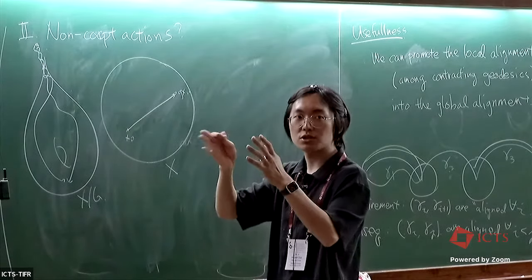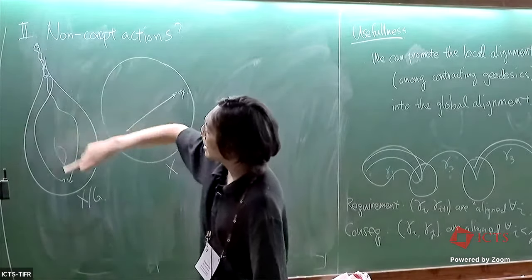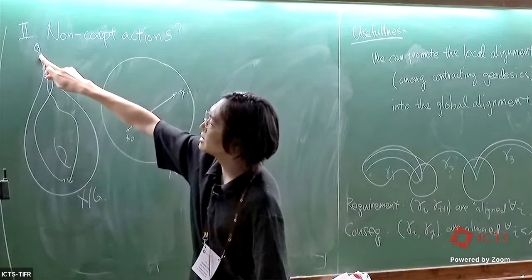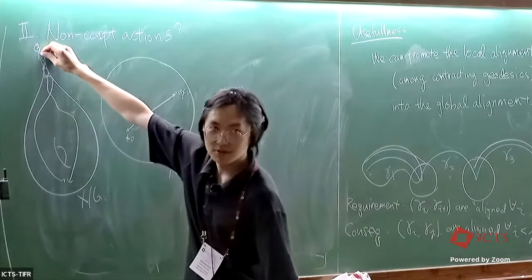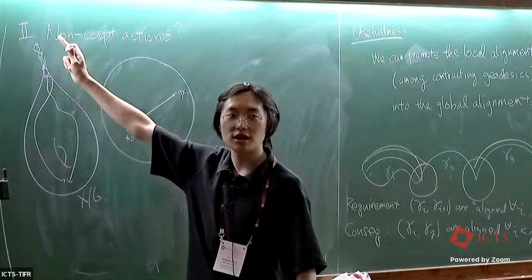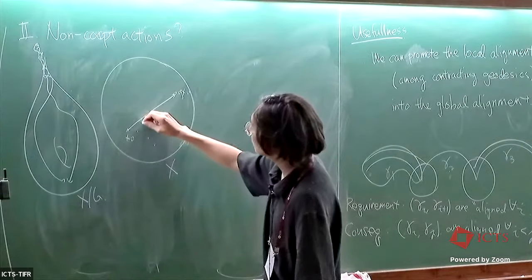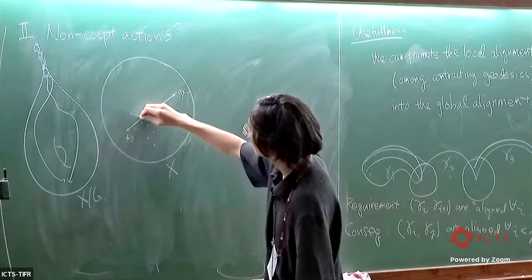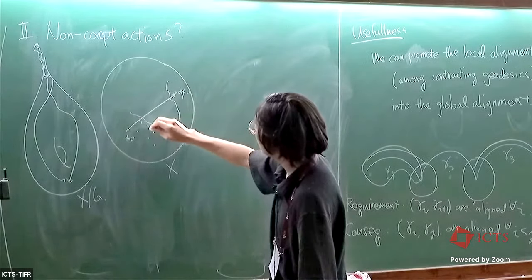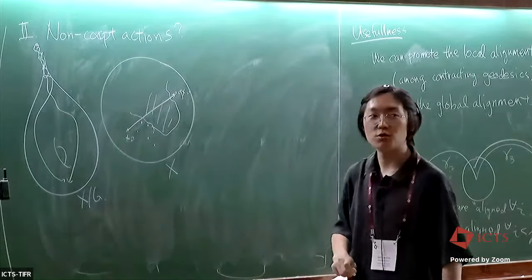If the action was co-compact, that was possible, but in this case, you will not find any orbit point nearby this point, because it had an excursion into the cusp. So the orbit points, you might find something nearby here and also nearby here, but in the middle, you have nothing. There are no orbit points.